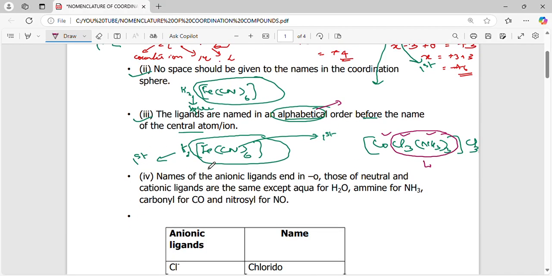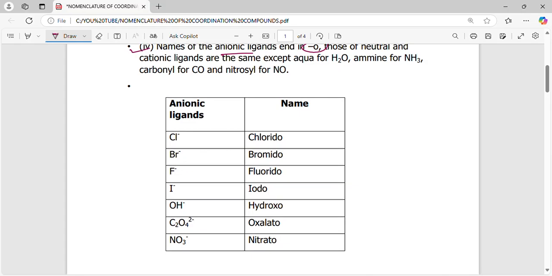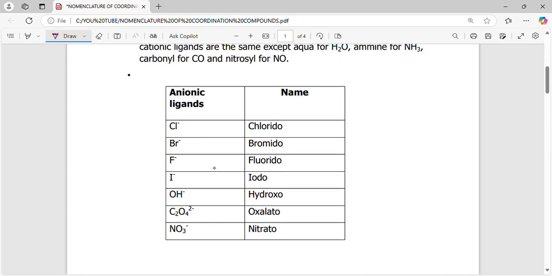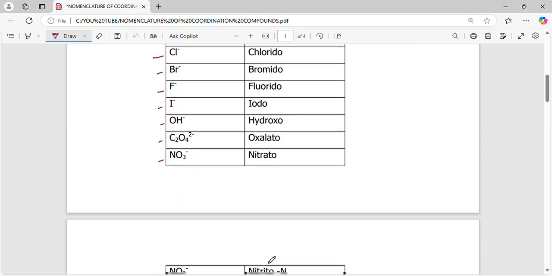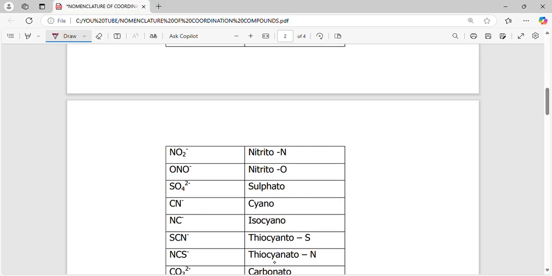Now, how to name the ligand? That is number 4. Naming the ligand: all the anionic ligands end with the letter O. So here in the table I have given the anionic ligands like Cl minus, chlorido; Br minus, bromido; F minus, fluorido; I minus, iodo; OH minus, hydroxo; C2O4 2 minus, oxalato; NO3 minus, nitrato; NO2 minus, nitrito-N; and ONO minus, nitrito-O.